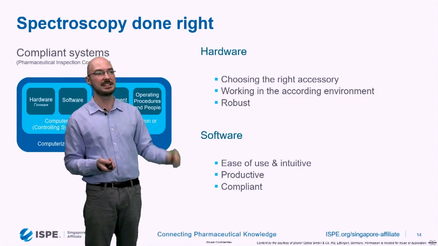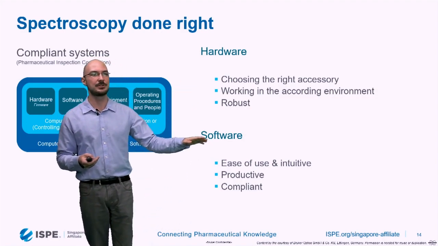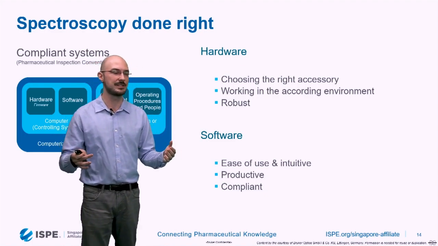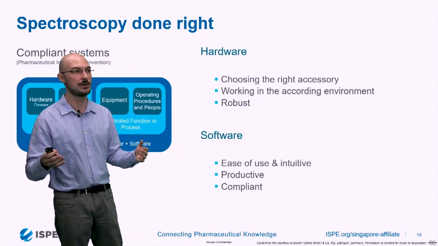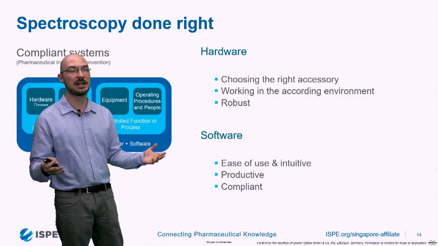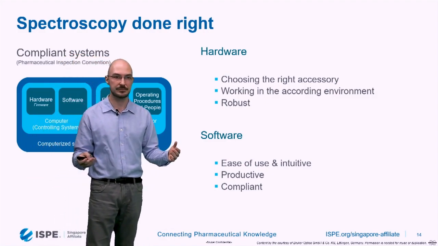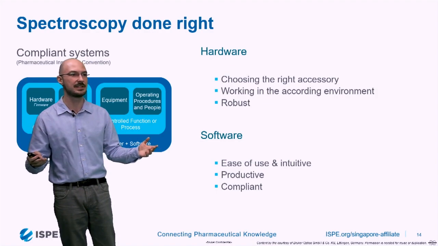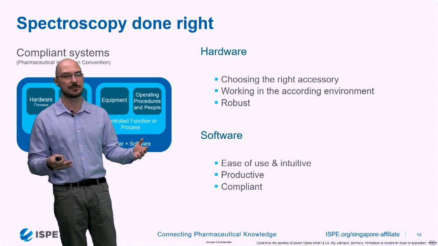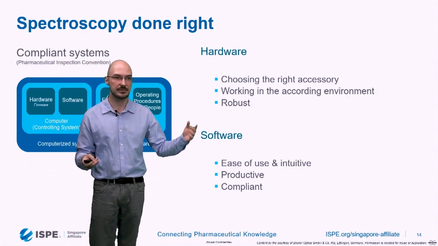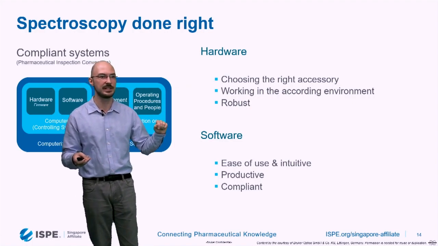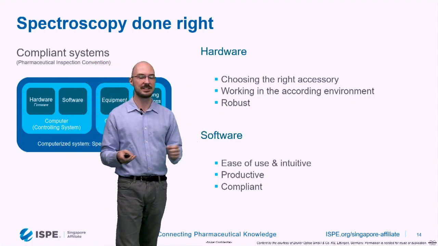And also, obviously, the hardware has to be compared to the software, choosing the right accessories, like for transmission, which is often used as a requirement in a lot of pharmacopoeia, although the most used method for infrared spectroscopy is the ATR. But that's part of choosing the right accessory and then also working according to the environment.